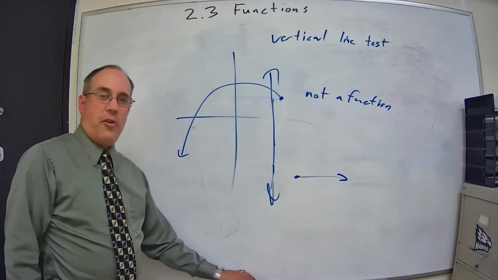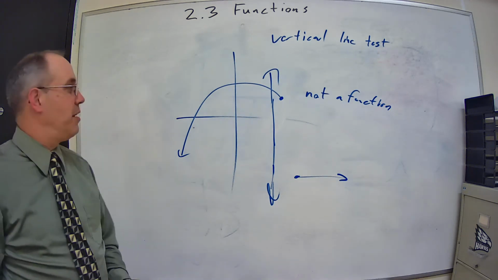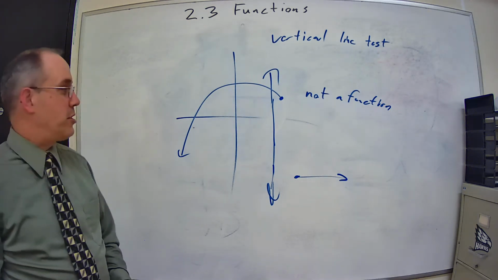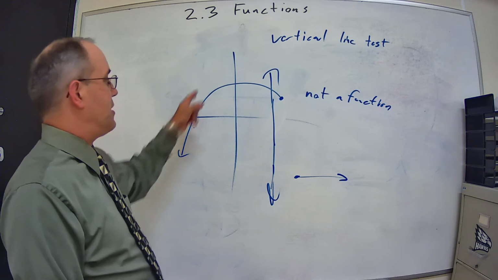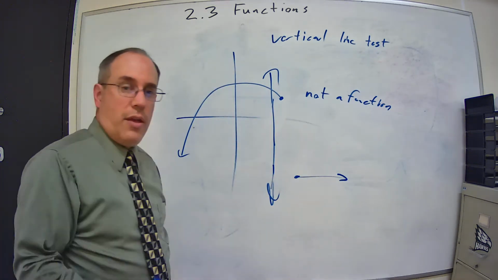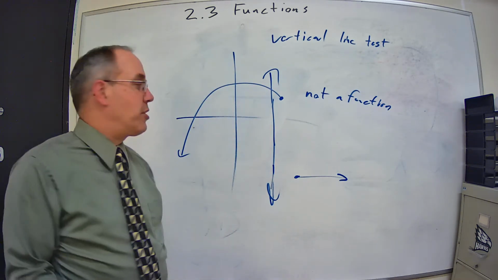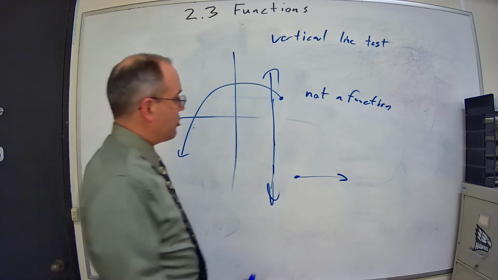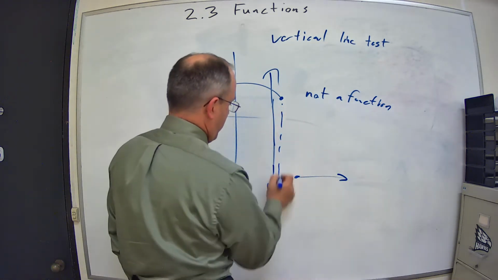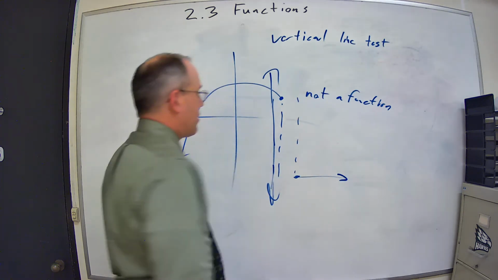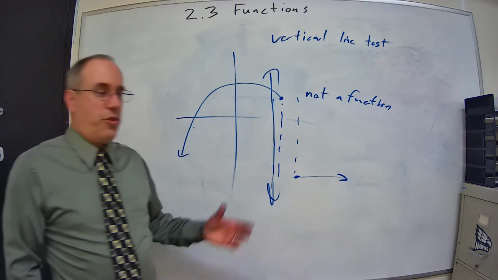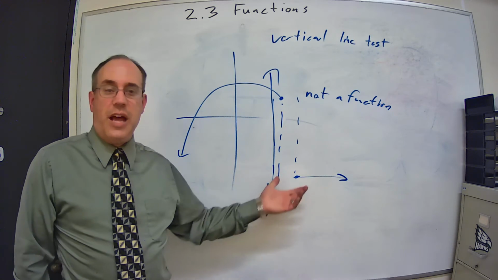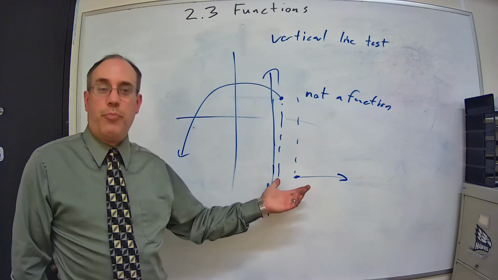What about now? Is it a function? Yes, it's an interesting looking function, but it is a function because now anywhere I go, I am never going to pass through the curve more than once if I draw a vertical line. You actually have this gap here. So there's some values that cannot be part of the input, right?